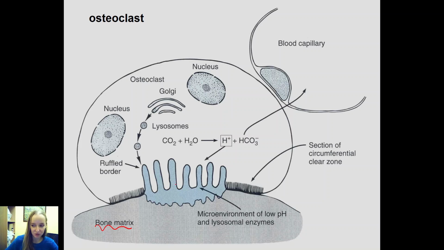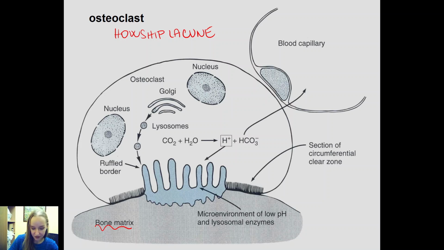They're huge, so they need some space to sit. This depression where they sit is called a Howship lacuna. Just a depression in the bone matrix.